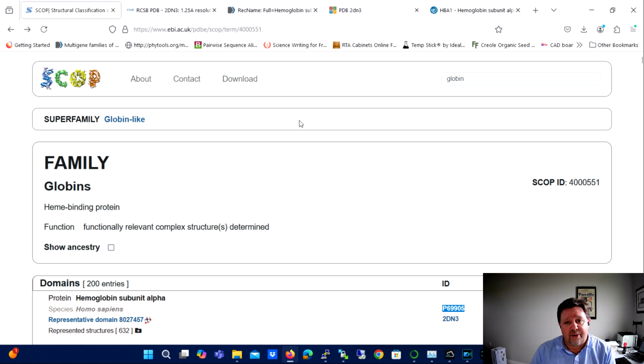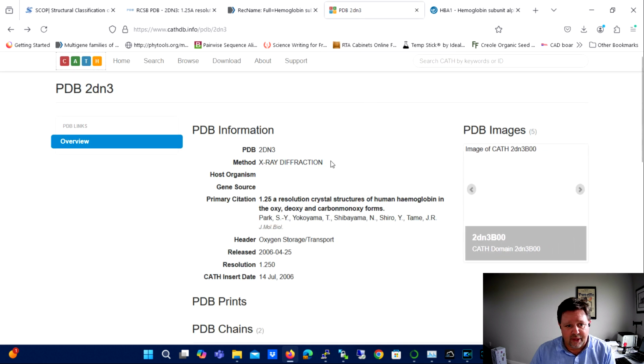Now, there is another database called the CATH database. And the CATH database essentially does the same thing. It classifies protein domains into different superfamilies in this case. So homologous superfamilies, that's what the final H in the CATH part of the name of the database is. It stands for homologous superfamily.